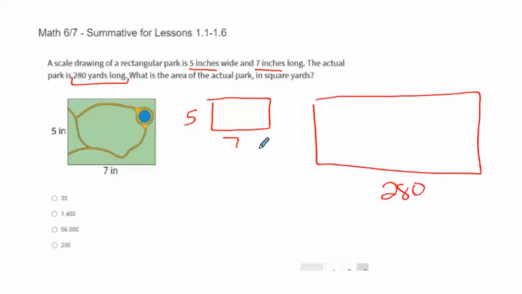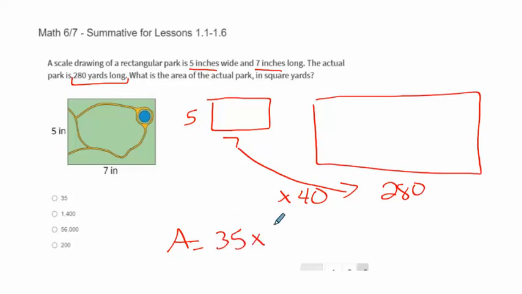So I need to figure out the scale factor first. So how did I go from 7 to 280? I multiplied by 40. Okay, so then I'm just going to follow my formula. So the area is the area of the original, 5 times 7, which is 35, times the scale factor squared, to the second power.